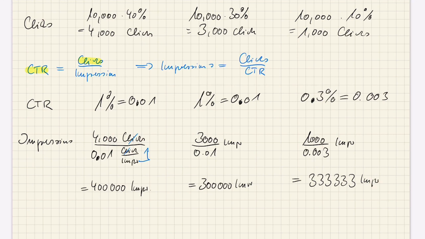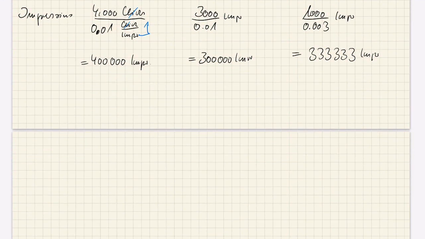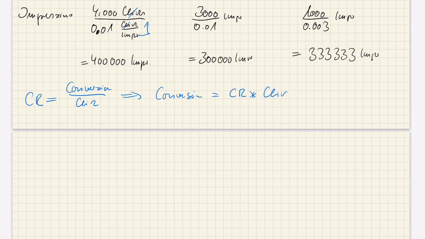Okay, let's have a look for the next thing, which would be the conversions. And again, we first think about what we can do. We have a CR, which is 2%, and conversion rate is defined as conversion per click. And again, we have to change this equation, and we can say conversion is equal to CR times click.